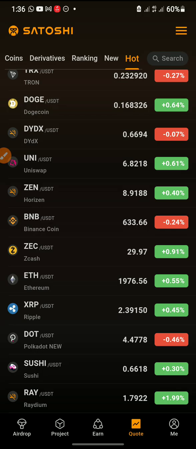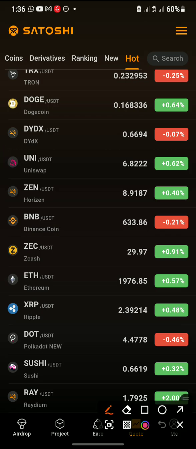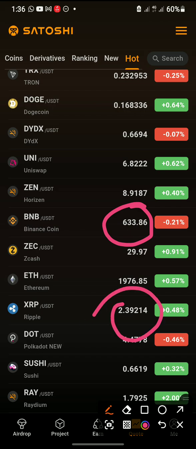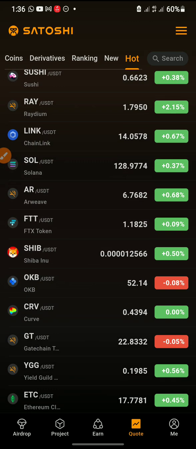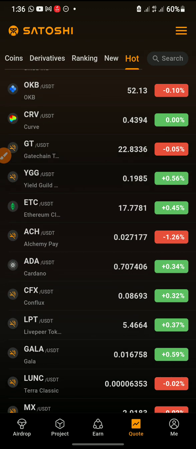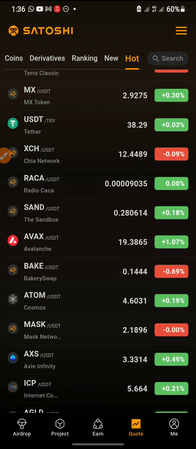If I'm holding Binance at this moment, I'll sell, because you don't know whether it will drop further. Ripple coin is increasing and it's still increasing. The only thing is, you always watch the market.